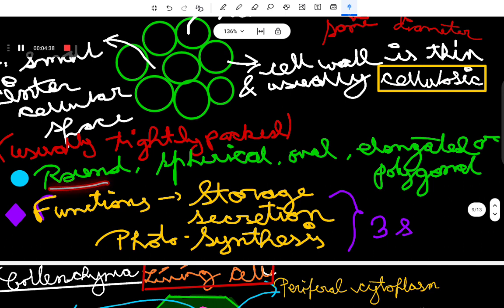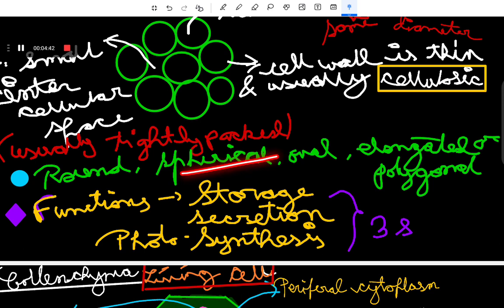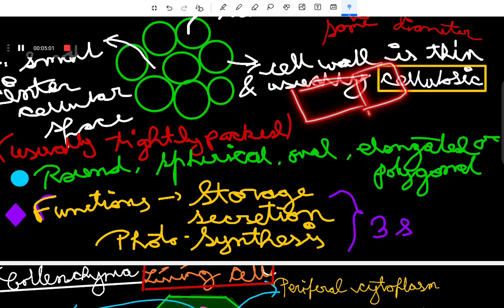They can be round, as I showed you, spherical, oval, and elongated, sometimes like buildings, or polygonal. Polygonal means like square shaped or hexagonal shaped.